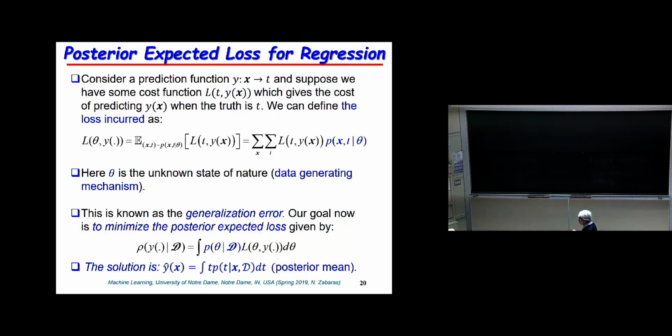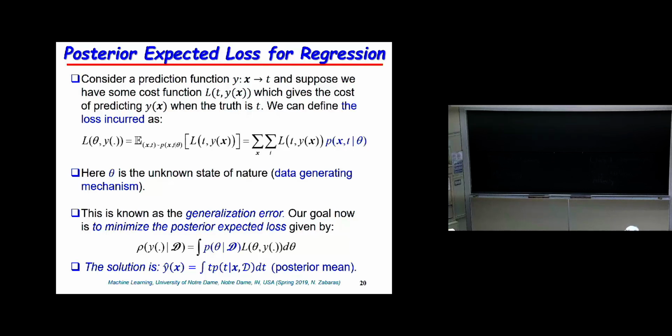So for example, when you build a regression model, you say, I'm going to put a linear regression model that is X transpose times W. So that's my regression function. Or some basis functions of X transpose some regression coefficients W or theta.